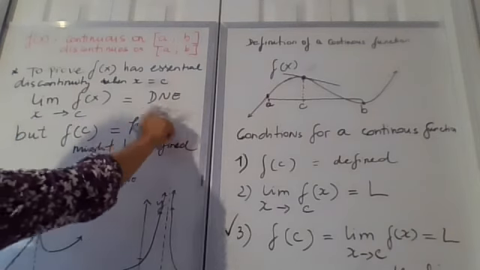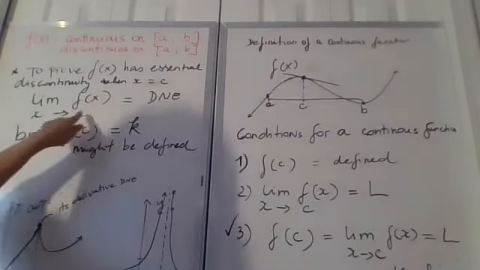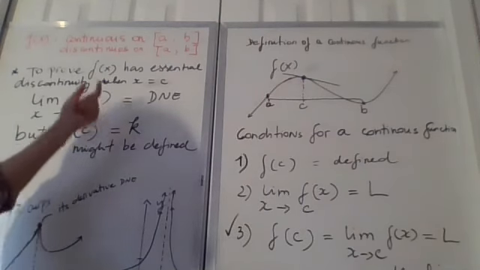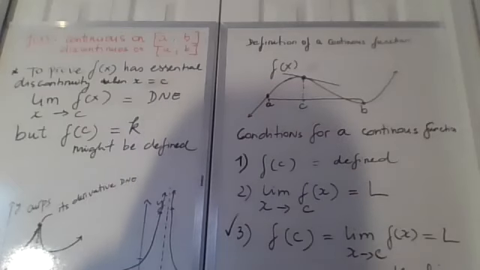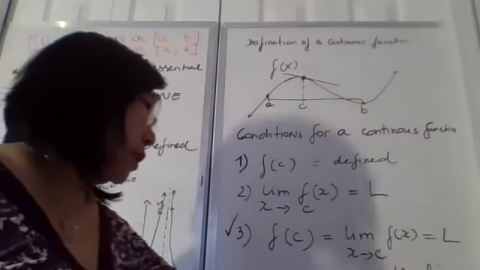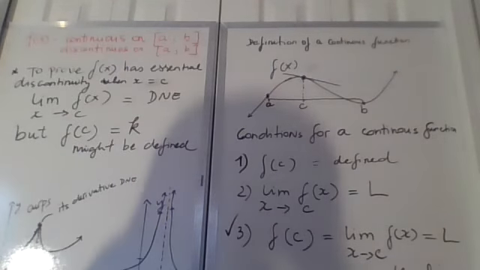But the limit does not exist. So as long as you see the limit does not exist, then the function has an essential discontinuity. However, if the limit exists but f of c is different from the limit, then it's a removable discontinuity.